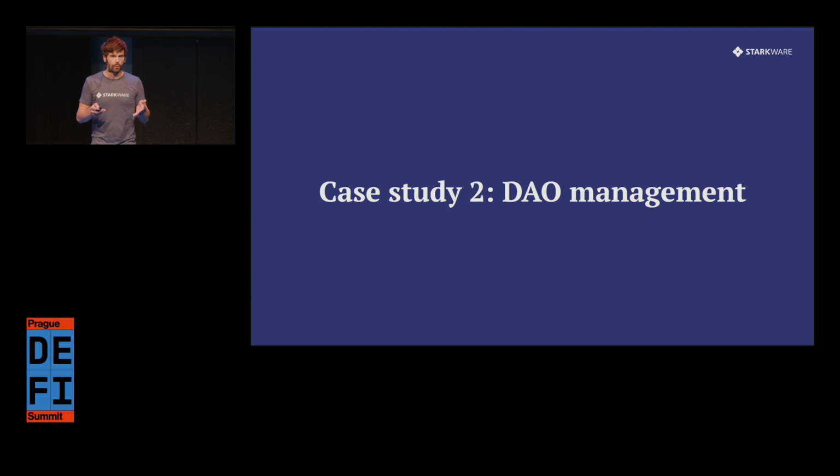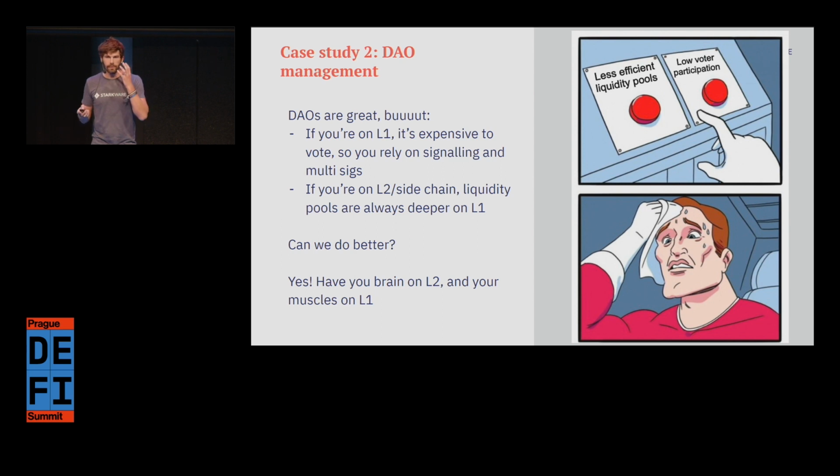The other solution is to use something like Snapshot, which is great. Snapshot is a wonderful system, but it doesn't have teeth. It's just signaling. It's entirely off-chain. So you rely on Snapshot to collect voters' intention, and then a multi-sig is tasked with enforcing those decisions.